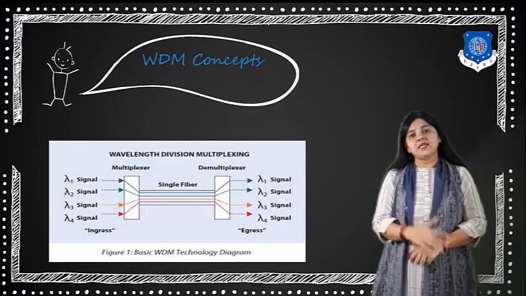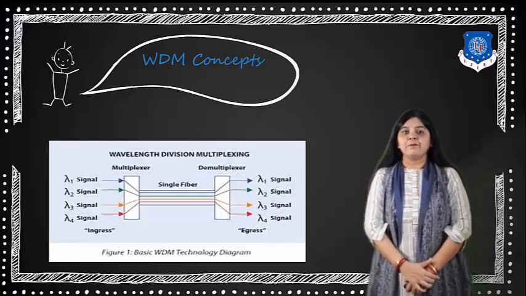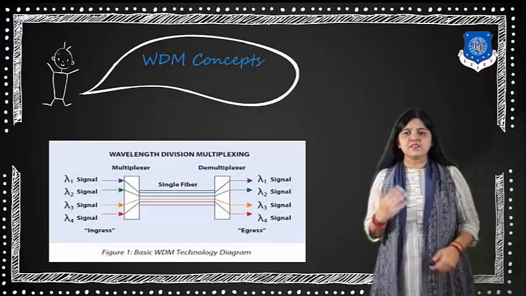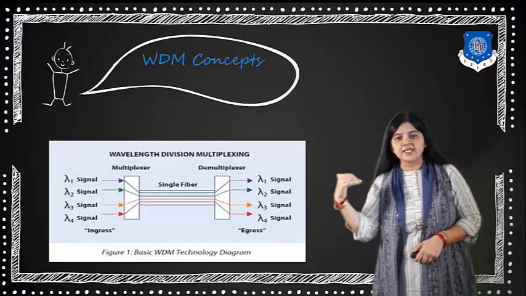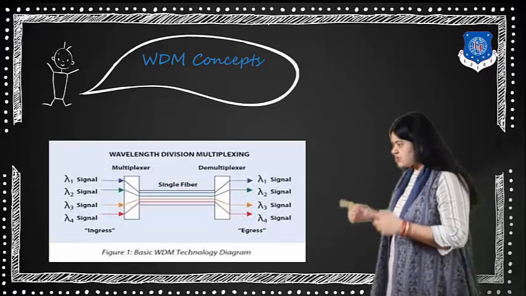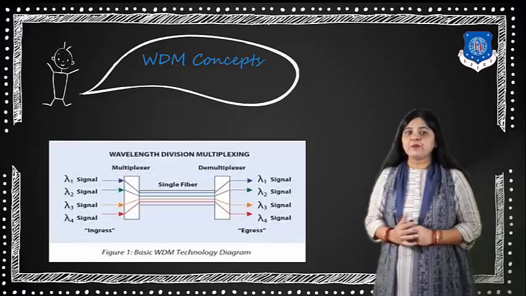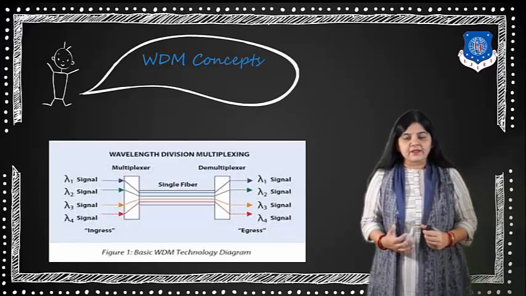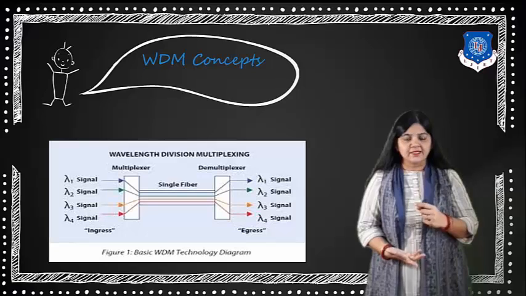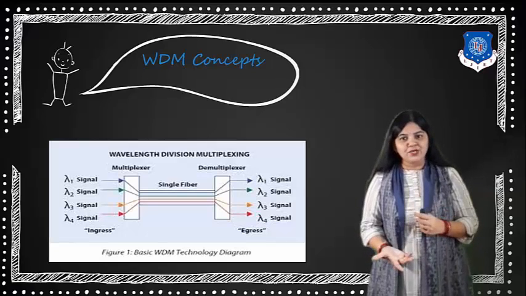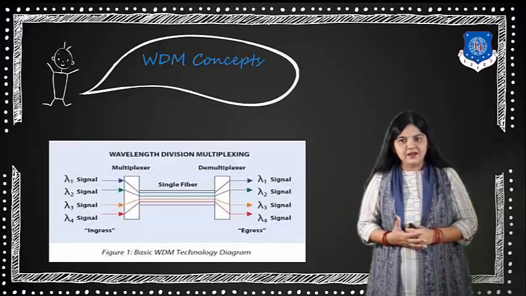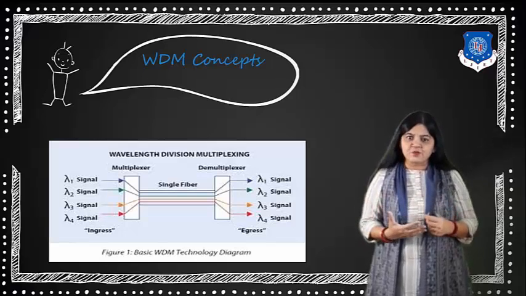Here you can see the diagram of the WDM. At one end, the various wavelengths are there: lambda 1, lambda 2, lambda 3 and lambda 4. All these different wavelengths are multiplexed by using the multiplexer and transmitted over a single fiber.